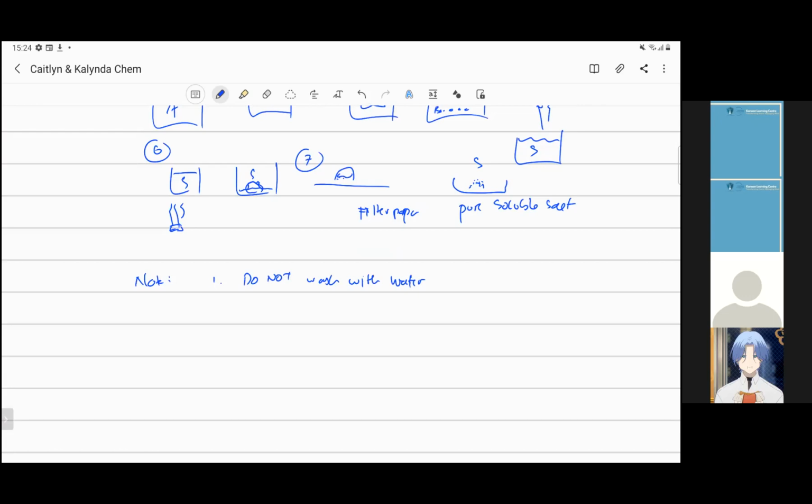Do not do this in the case of soluble salt. Why? When you add water, the salt is going to dissolve and all of your hard work is going to wash away. And then do not heat until totally dry unless the salt is safe.